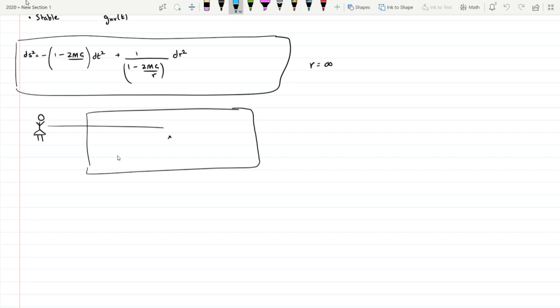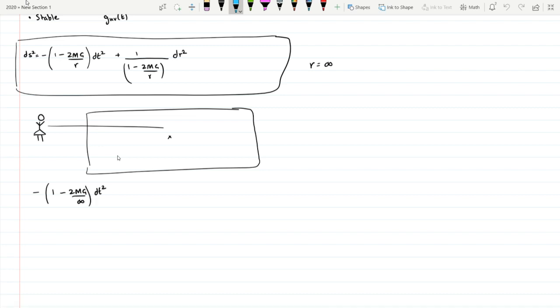We're going to have an infinity here, and an infinity here. So what happens to that term? We have 1 minus 2MG over infinity. Does everyone see this?